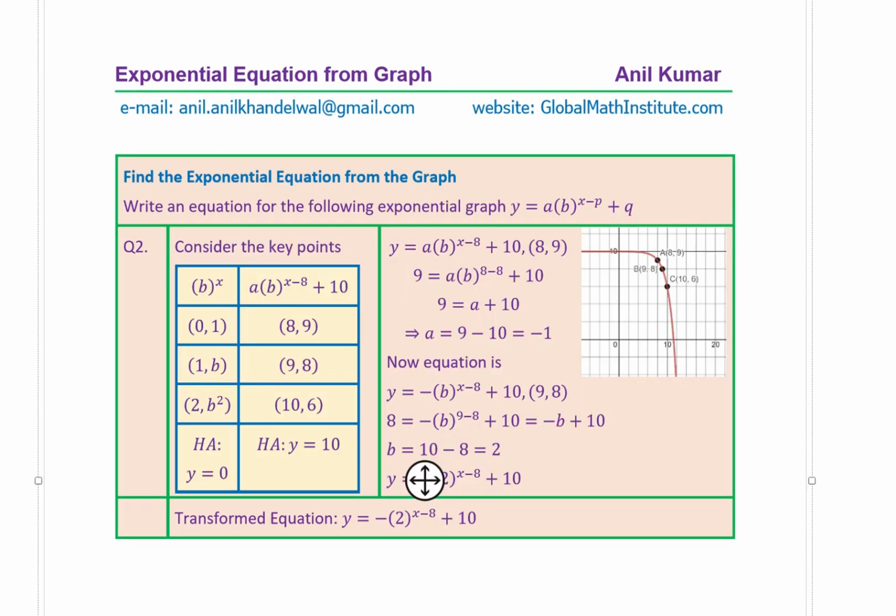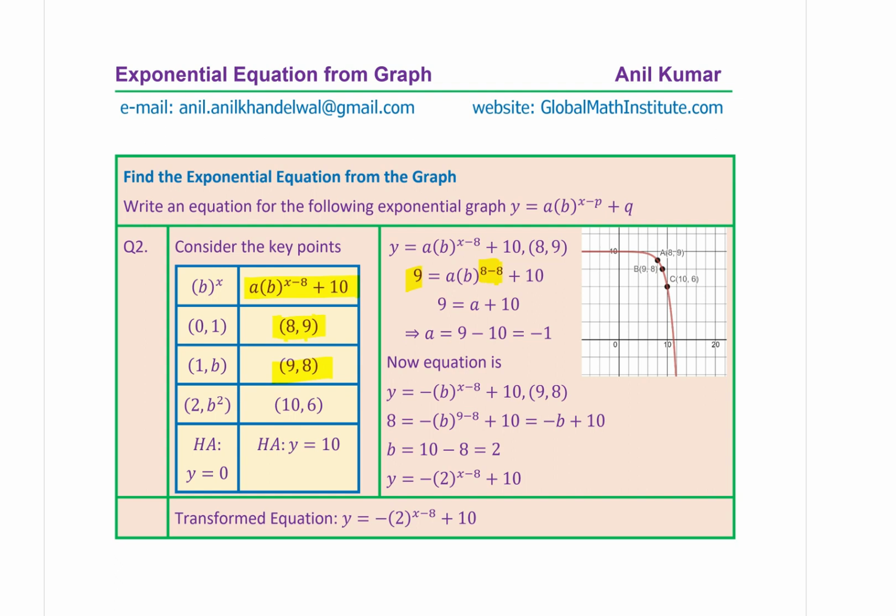Let's see how. So once again, we have the equation a b to the power of x minus 8 plus 10. We're going to use the points (8, 9) and (9, 8) to find the value of a and b. (8, 9) means x is 8, y is 9. Substituting y as 9 and x as 8, we get the equation 9 equals a b to the power of 8 minus 8 plus 10.